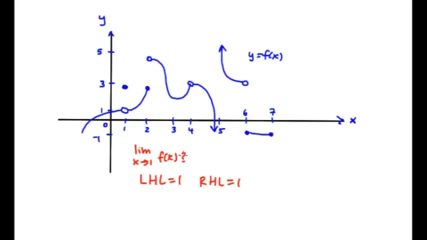So in fact, since the left-hand limit and the right-hand limit are the same, the limit as x approaches 1 of f of x is 1. So that wasn't too bad.